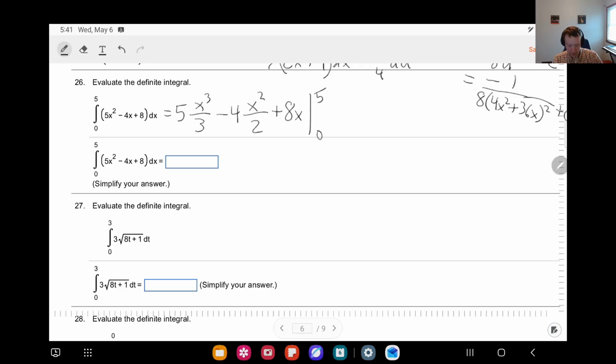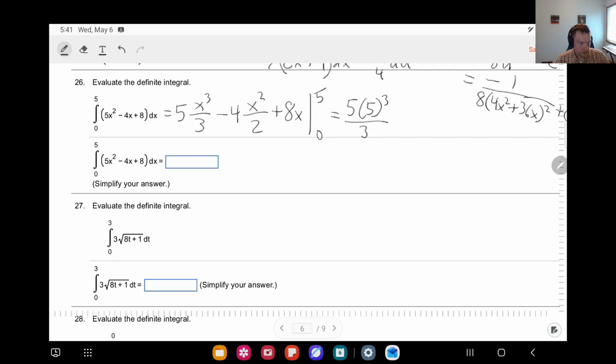So the way you do this, you evaluate at the top endpoint, then minus plugging in the bottom endpoint. So we plug in 5. That's 5 times 5 cubed. That's not too nice.